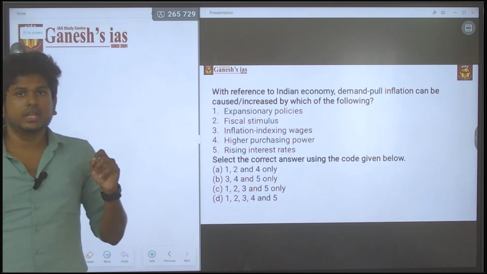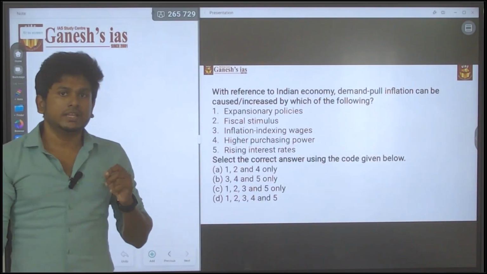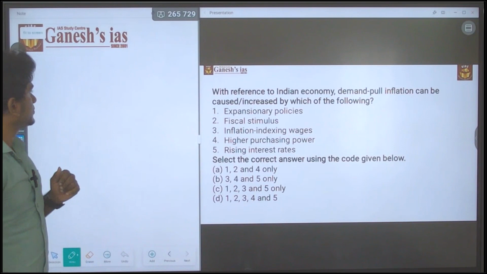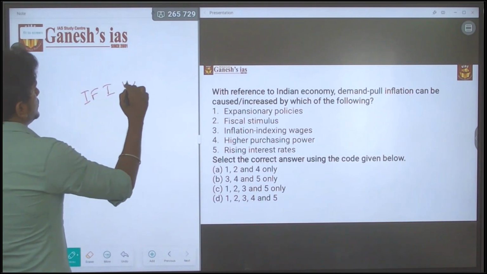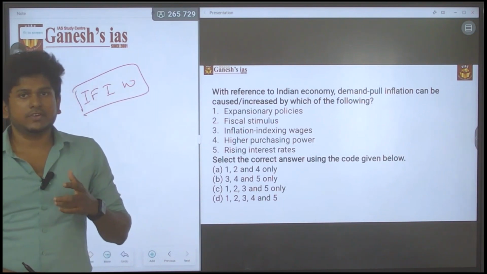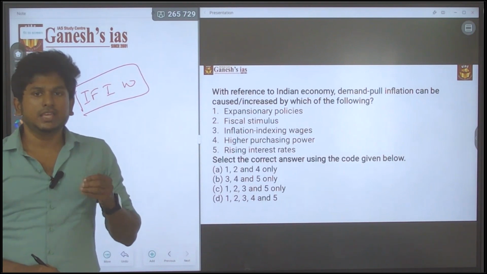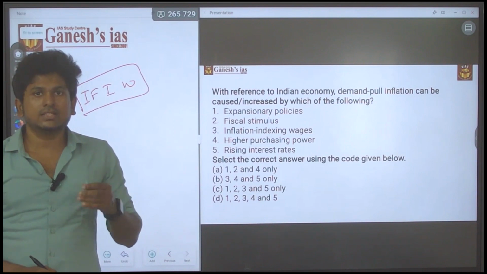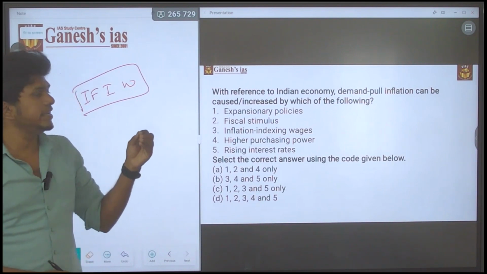Next, the third statement, inflation indexed wages. Inflation indexation of wages is to manage the inflationary effect on the employees' wages. To manage it, the government or the institution will provide inflation indexed wages.